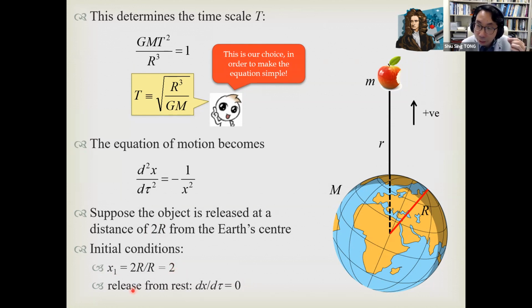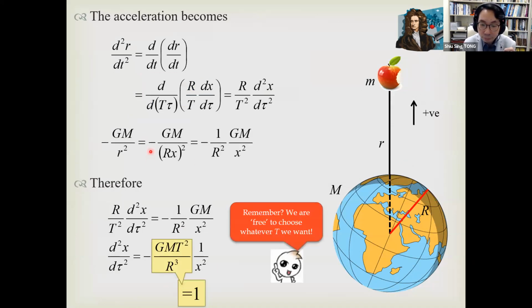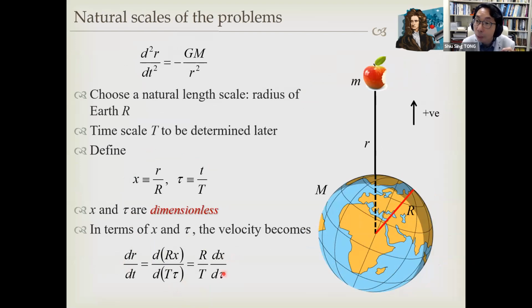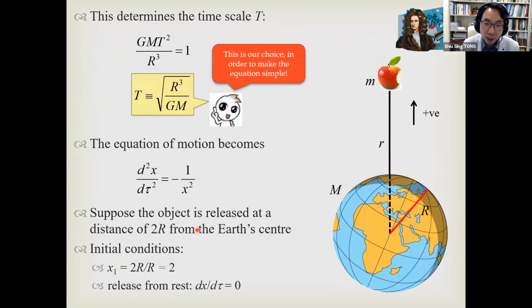And also, since the apple is released from rest, the dr/dt is 0 at the beginning, right? And since dr/dt is just proportional to dx/dtau, they differ only by a constant, the dx/dtau is also 0 because the apple is released from rest. So I have these two initial conditions. And these two initial conditions allow me to integrate the equation of motion forward.